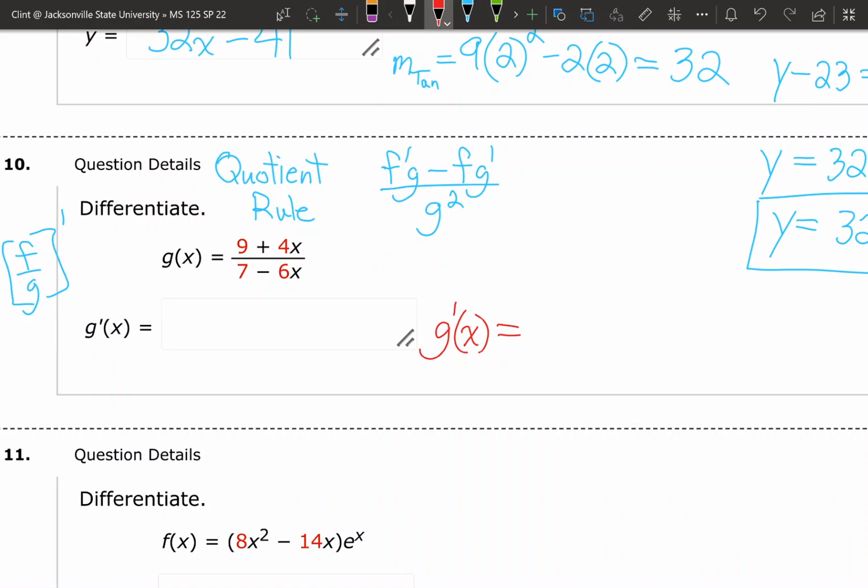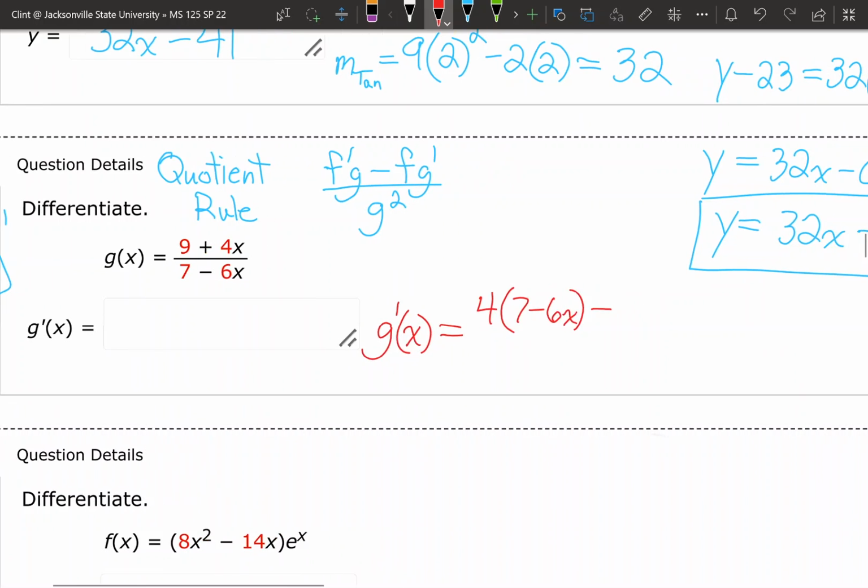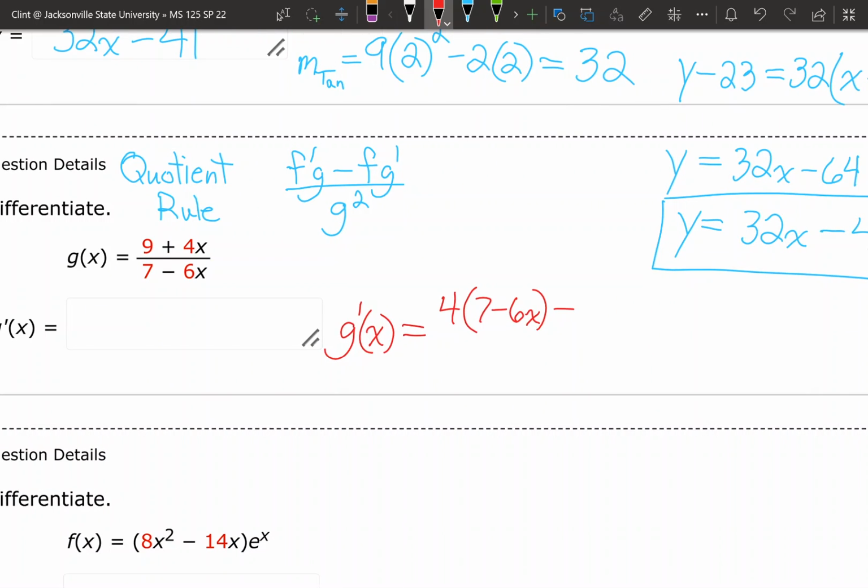So f prime, derivative of the top, what's that going to be? It's 4. And the bottom, 7 minus 6x, minus the top, so 9 plus 4x, times the derivative of the bottom, negative 6, over the bottom squared.